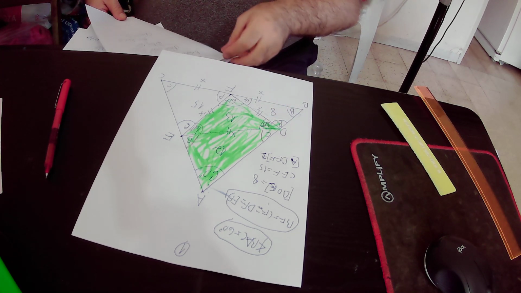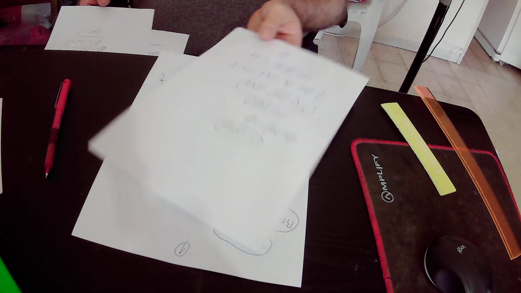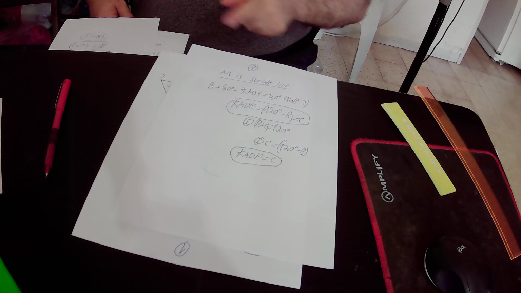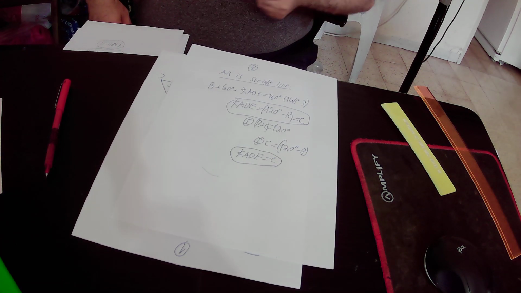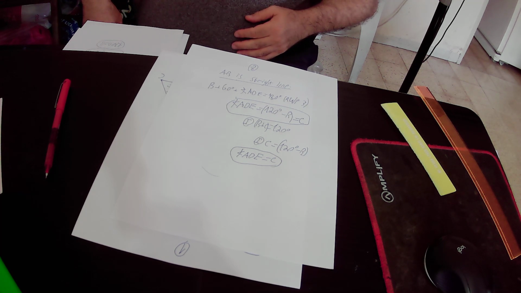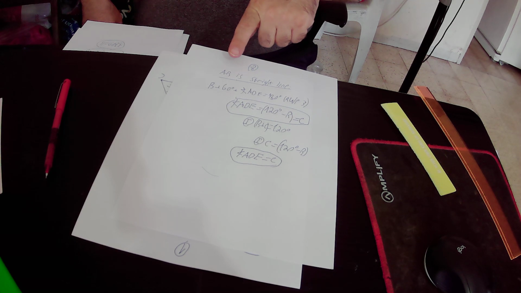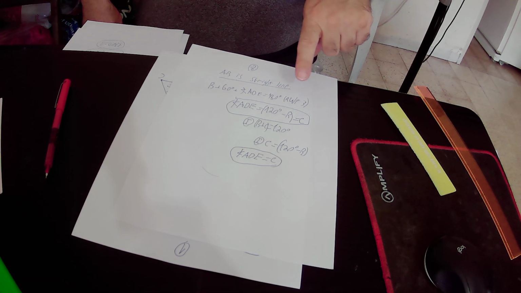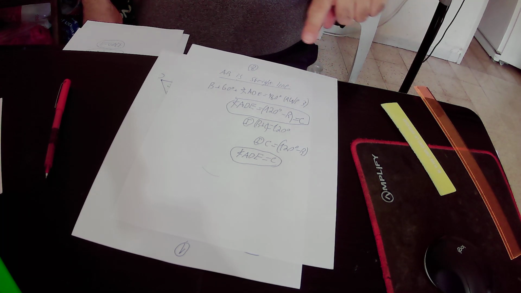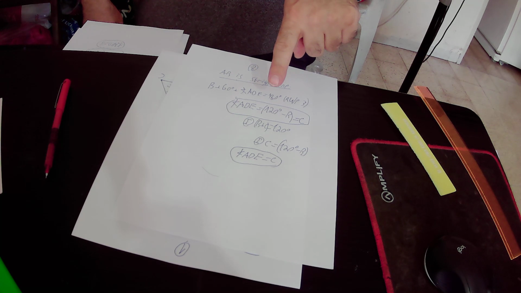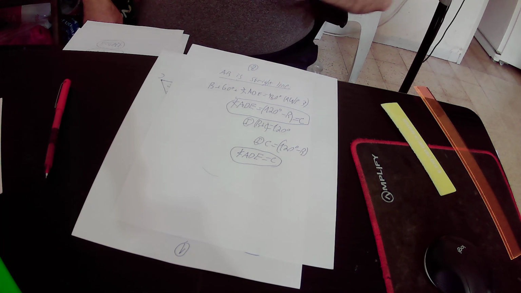Again, angle B plus 60 degrees plus angle ADE must be equal to 180 degrees according to rule number 3. Here we subtracted B and 60 degrees from this equality and we got that angle ADE equals 180 degrees minus B. But we know according to equation number 1 that B plus C equals 120 degrees.